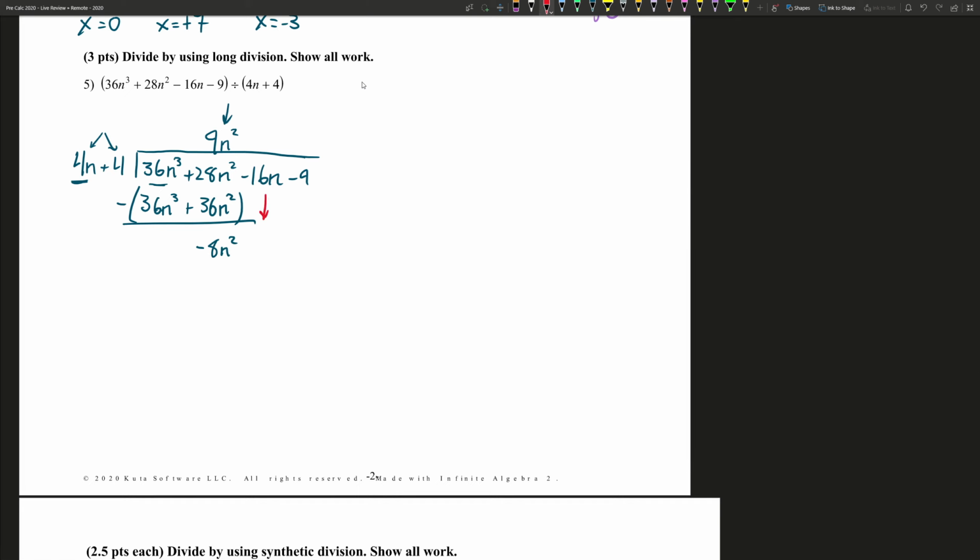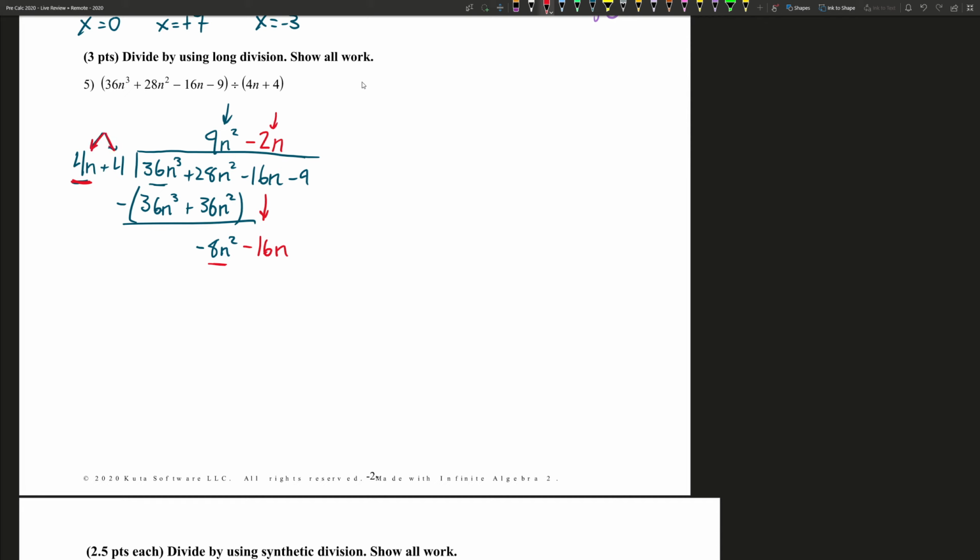Then we have to bring down this value and rinse and repeat. Okay, so we need to find out how many times 4n goes into -8n squared. And that goes into -8n squared -2n times.